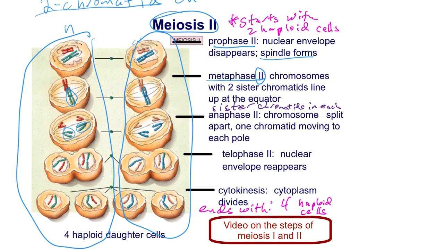Once they hit the opposite sides of the cell, the nuclear envelope and the nucleolus start appearing again, and cytokinesis happens, where the cells are cleaved down the middle. So again, 4 haploid daughter cells are formed from the 2 haploid daughter cells with 2-chromatid chromosomes from the first meiosis stage.